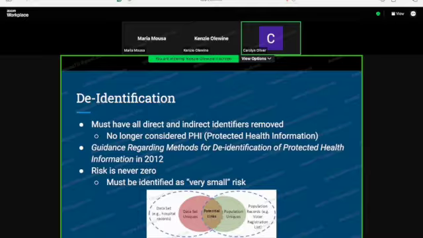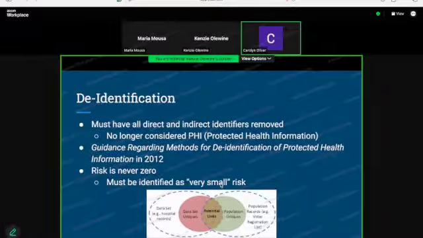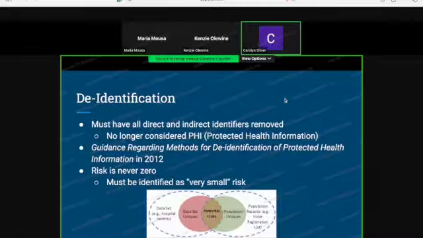After this is completed, it is no longer considered protected health information because by definition, it is no longer identifiable to the individual. And then the 2012 guidance regarding de-identification of protected health information provides detailed descriptions of alternative methods and should be considered required reading for anybody completing a de-identification strategy.